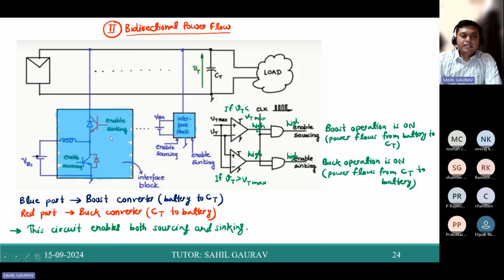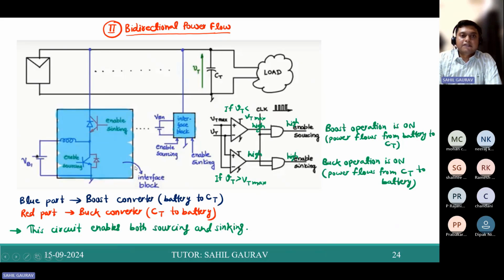When we turn on this switch, it enables sinking, and when we turn on this switch, it enables sourcing. Sourcing means it is providing power from the battery to the capacitor, and sinking means you are sinking the power from the capacitor to the battery. That means you are charging the battery from the capacitor, from the DC link.